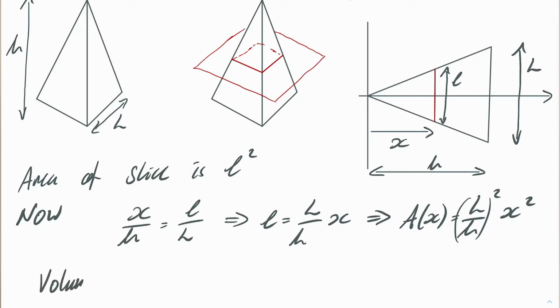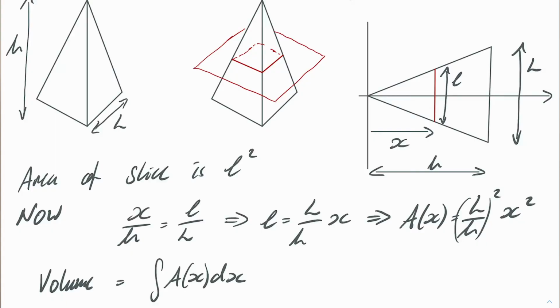So the volume is now the sum over these slices. If each slice has an infinitesimal thickness dx, A of x times dx is the infinitesimal volume of a slice. Integrating over those from 0 to h will give me the volume of the pyramid. The rest is now just calculation, and this comes out to be.